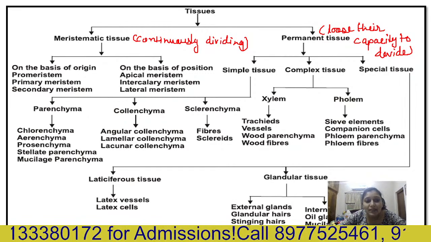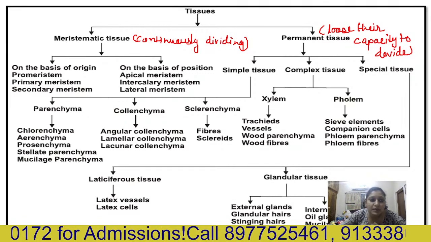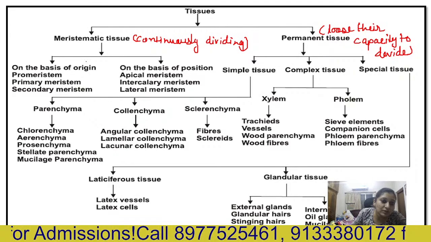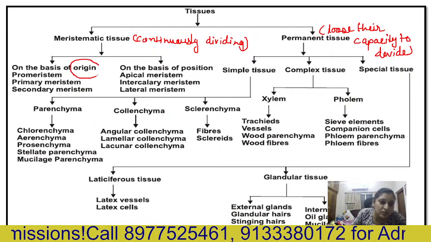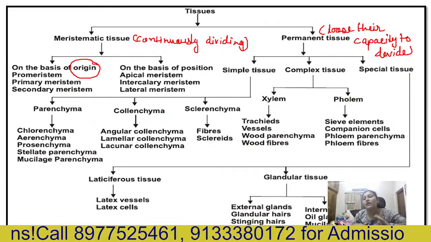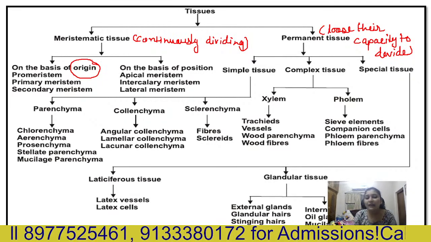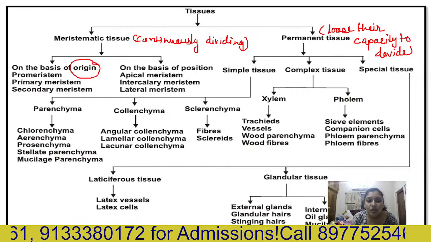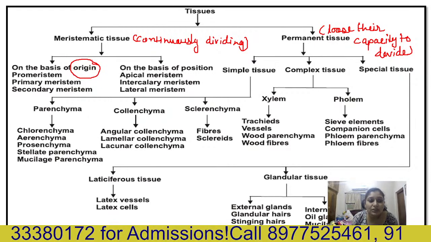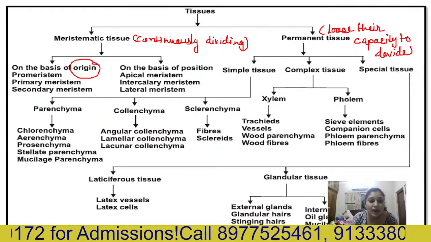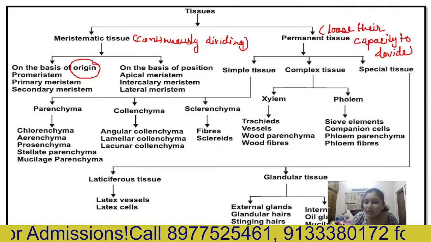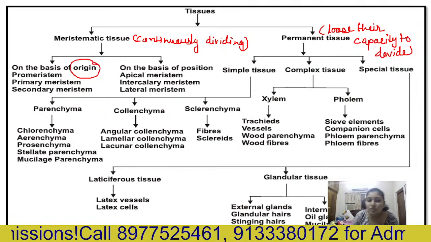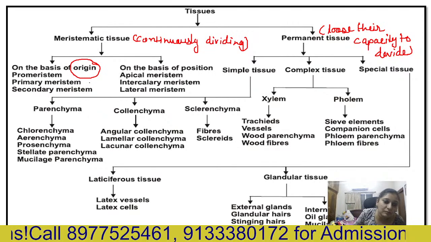Meristematic tissue is divided into two types on the basis of origin and on the basis of position. Origin means when they actually appear in the life cycle of the plant. If they appear in the primary stage, during germination, that is promeristem, and then the primary meristem, the early stage of the lifespan of a plant.